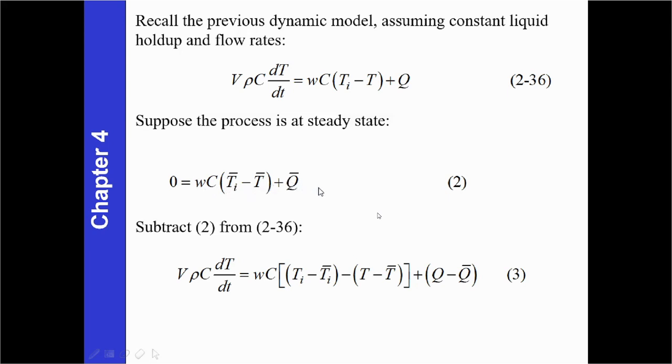So this is the equation for steady state. And from this one here, go back into equation 2.36, we will obtain V rho C dT/dt plus WC times all this one here, there is (Ti minus Ti bar) minus (T minus T bar) plus (Q minus Q bar). Equation 3. So equation 2, equation 3.